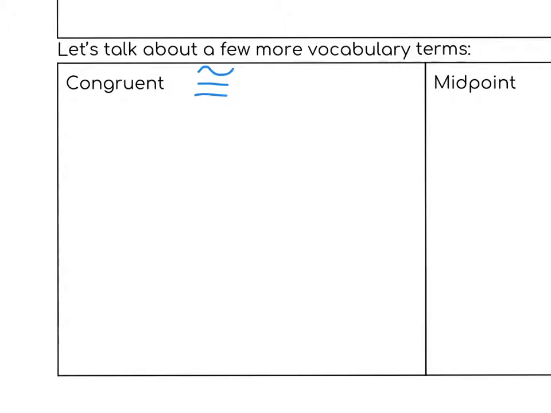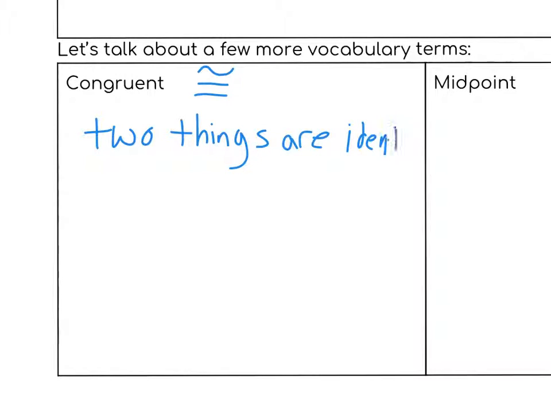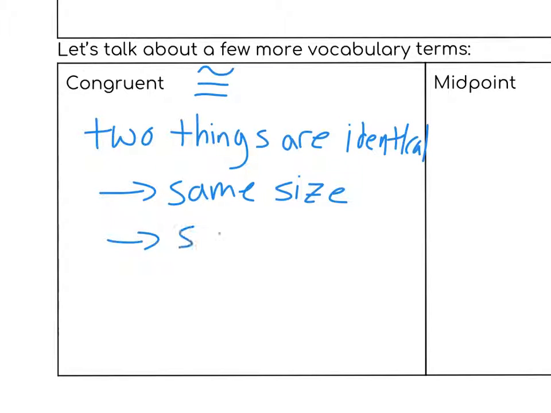And what congruent means is that two things are identical. And when I say identical, I mean something specific. We're talking about the same size and the same shape.